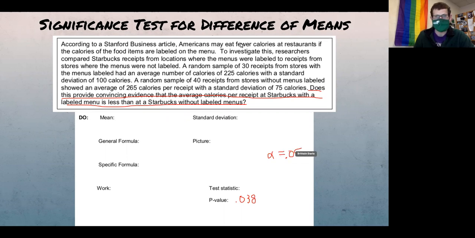Because our p-value was less than our significance level, we reject the null hypothesis. There is convincing evidence that the average calories per receipt at Starbucks with a labeled menu is less than at a Starbucks without labeled menus.